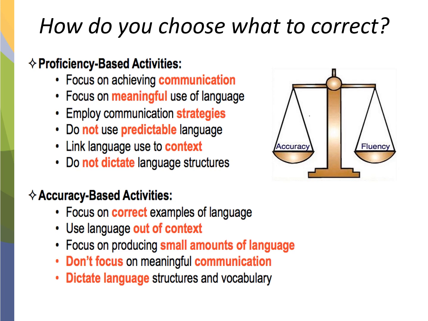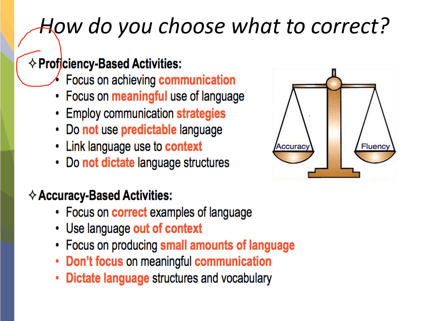So, for example, let's say you're doing a proficiency-based activity. So here, your focus is on achieving communication and meaningful use of language. Here, you don't want to correct every error the student makes because that's going to suppress their fluency.